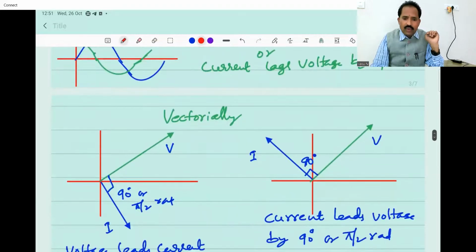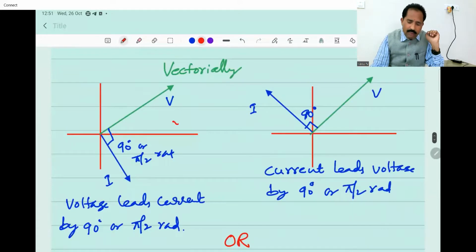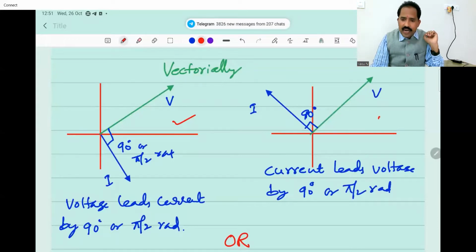Look at this. Vectorially we can draw it like this. See, in the first diagram, voltage leads current by 90 degree or pi by 2 radian. Some people call this current lags voltage by pi by 2 radian. At the same time, look at the second graph, on the right side of the screen.